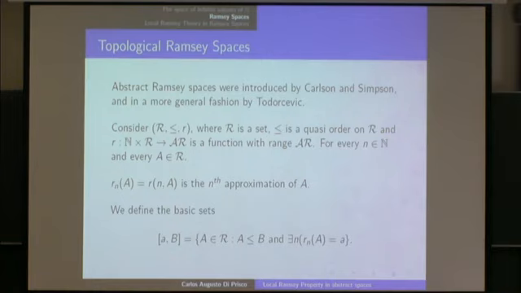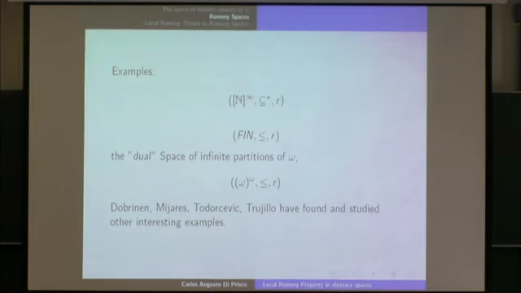So the nth approximation of an infinite set is its first n elements. There are other more involved examples that I will mention. For example, the collection of finite subsets of omega with the relation of, should I say amalgamation, probably.